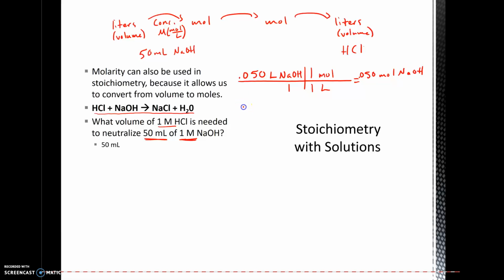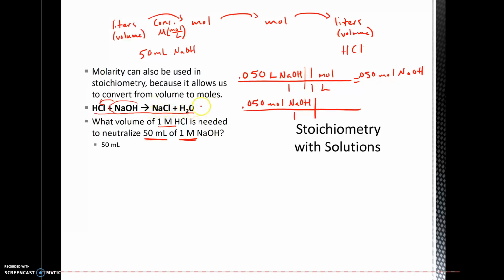I'd move that down, and I'd do a 1-to-1 mole ratio, so 0.050 moles of sodium hydroxide. I would do my mole ratio from the balanced equation just like I would have done for mass-to-mass stoichiometry. I'm going to go from sodium hydroxide to hydrochloric acid. I can go to any of these three.